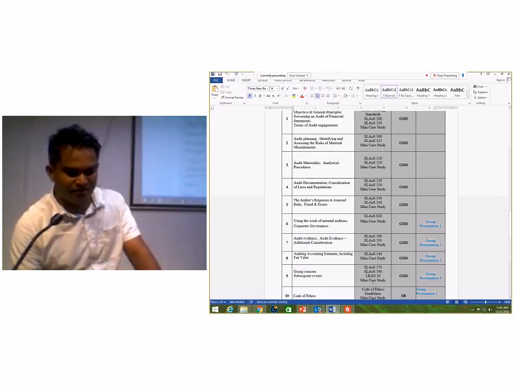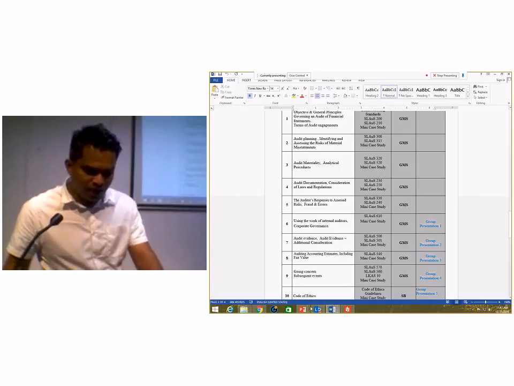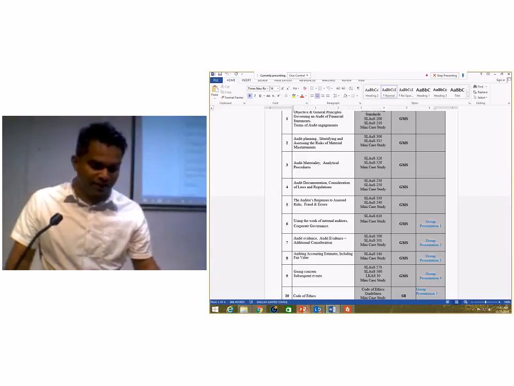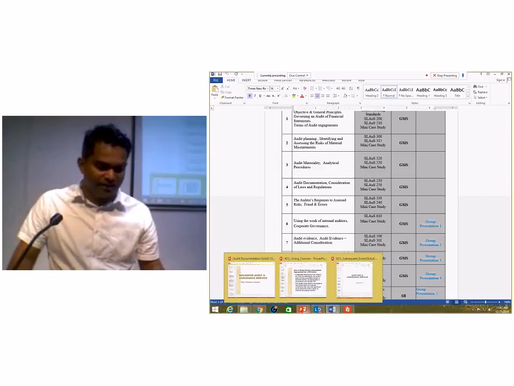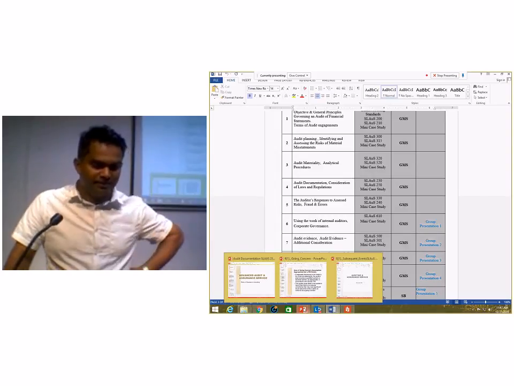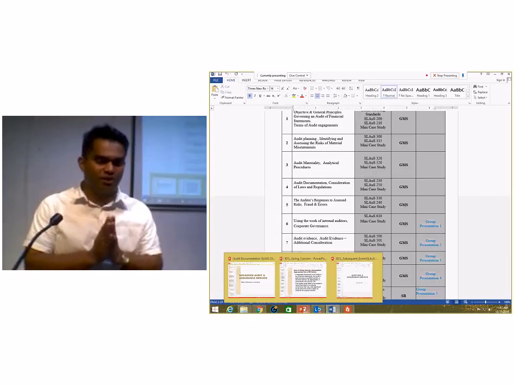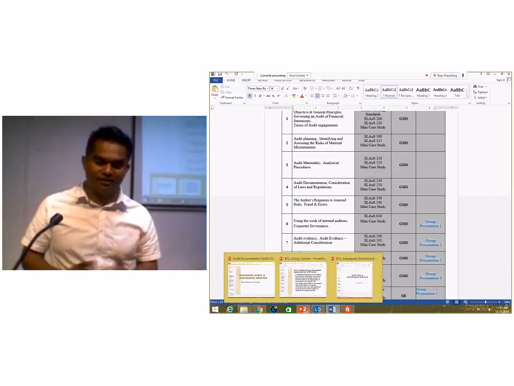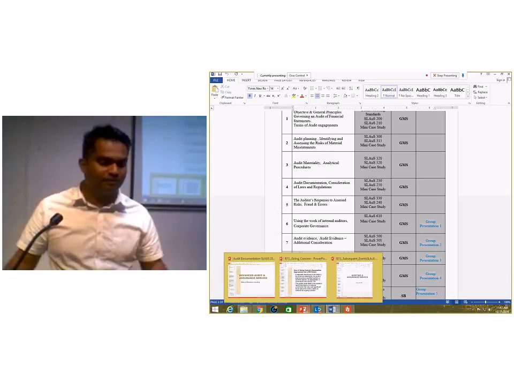So only one standard I have not discussed so far, a very short standard: audit documentation. So basically what audit documentation is, nothing else, you should document everything properly to come up with your audit opinion. For that you should have the proper documentation, maybe in written form, hard copy form or e-form.